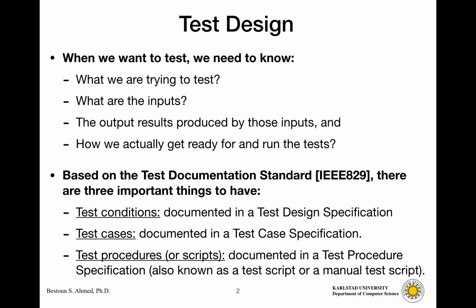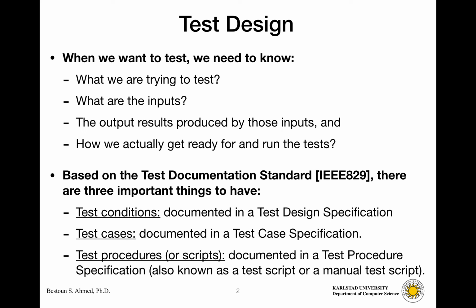So based on the test documentation standard IEEE 829, there are three important things to have in any test design basically. The first thing is the test condition, and there is a document about that called test design specification.